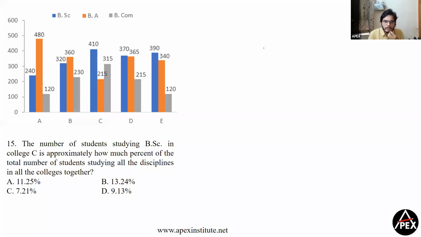So the number of students studying BSc in college C. So BSc in college C is 410. 410 is approximately how much percent of the total number of students studying in all disciplines in all colleges together. So it will be, I guess, 1730 plus 1760 plus 1000, isn't it? It will be 4490.